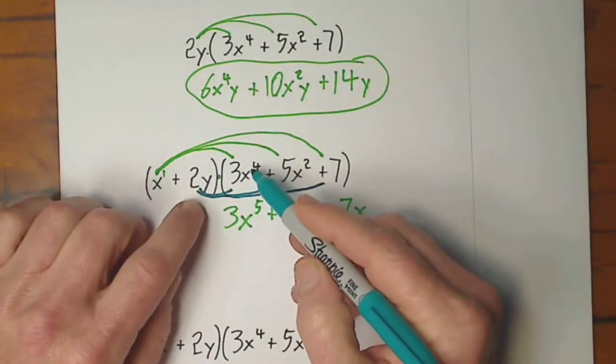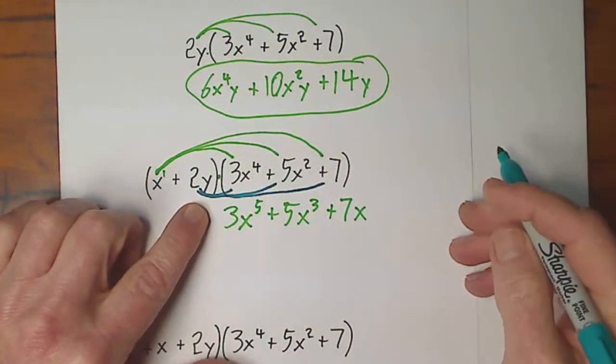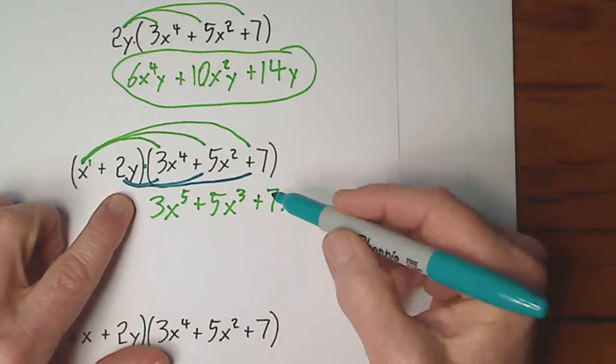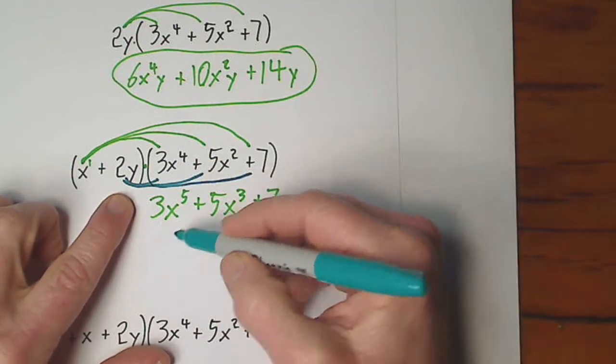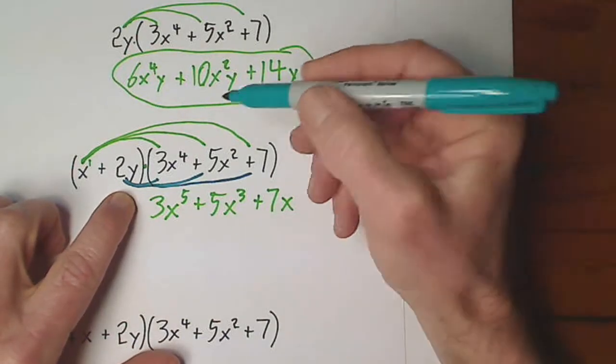So 2y times 3x to the fourth is going to be, let me slide this over. None of these are going to combine. If I was able to stack them up and combine like terms, I would, but I'm not going to have any like terms.